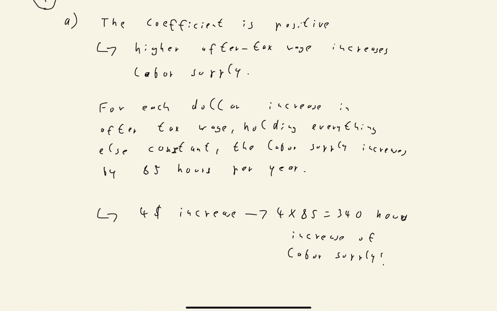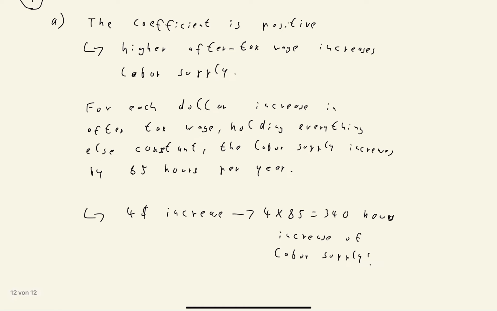So if we increase the after-tax wage by $4, then females will respond with an increase of 340 hours of labor supply in a year.